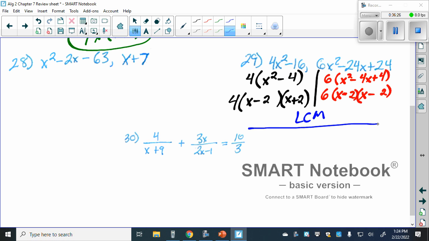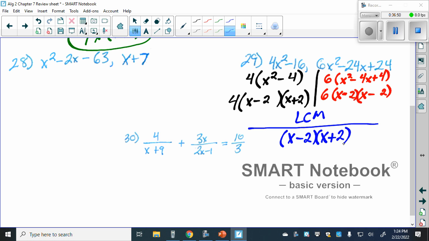Now, we are going to have to look at the 4 and 6, but I really like looking at the sets of parentheses first because they're a little bit easier to find for least common multiple. I know for sure I'm going to need at least an x minus 2 and x plus 2, because both of those do show up at least once in all of the terms, yes?